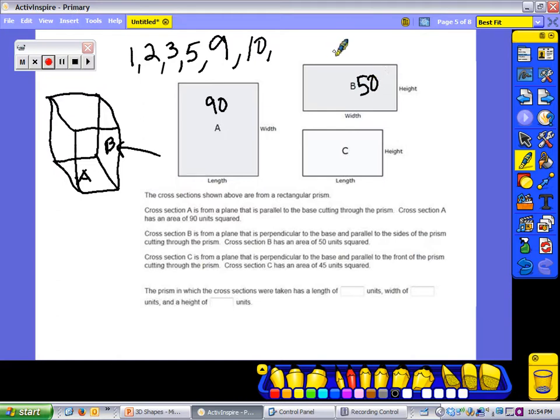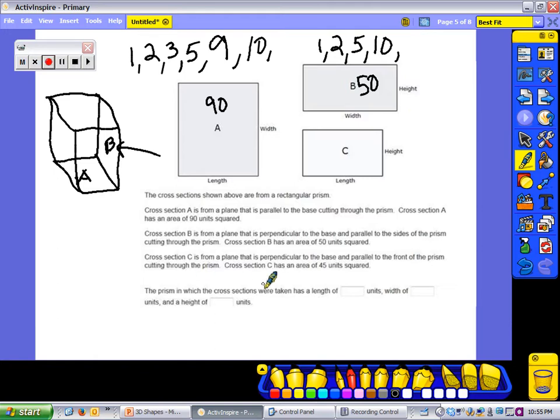So we can go ahead and write out some of the factors of 50, like 1, 2, 5, 10, and so on. Now we know that these cross-sections are going to share dimensions because they're all part of the same rectangular prism. So I'm starting to try to look for patterns as I write out their factors.